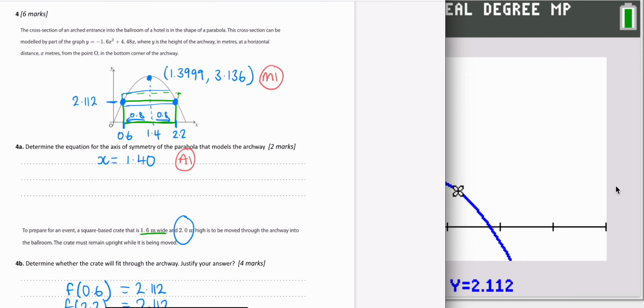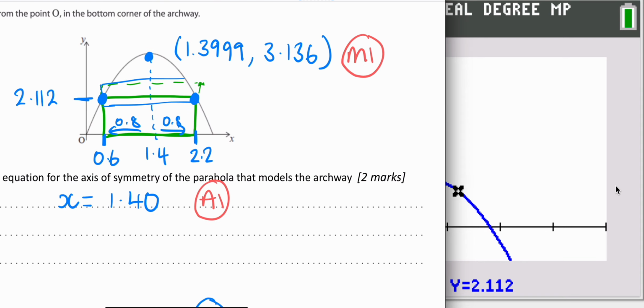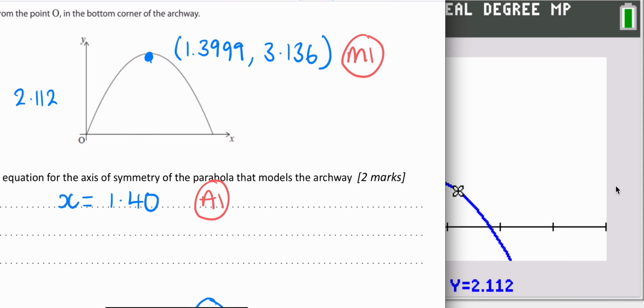So I can see here if I go to my diagram, if I just tidy this up a little bit, we have the 1.4 in the middle. We know that the box goes from 0.6 to 2.2. So this is my crate.